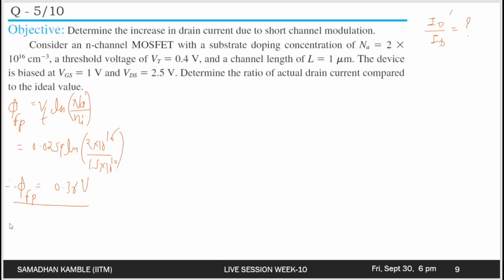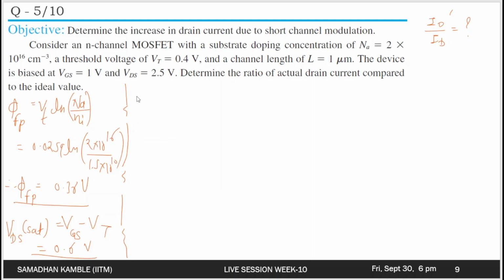Similarly, we need VDS saturation, and we know that VDS saturation is given by VGS minus VT. In our case, VGS is 1 and VT is 0.4. So 1 minus 0.4, that is 0.6 volt. So the second parameter is also determined.